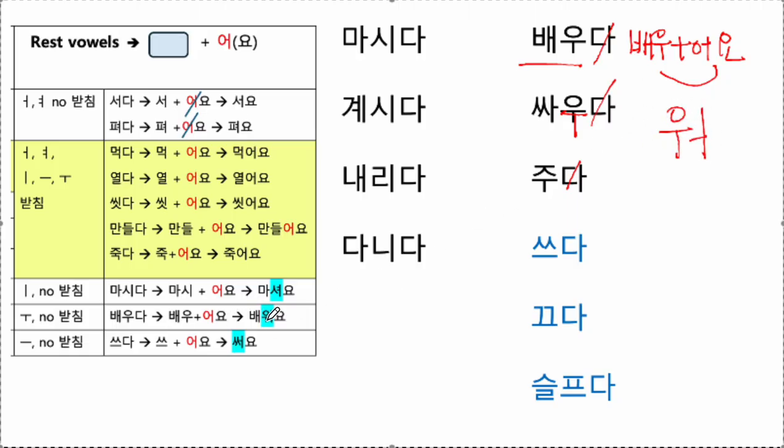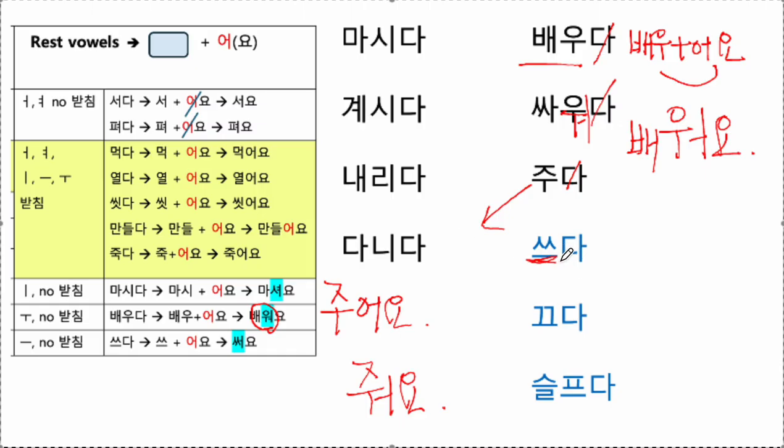So that's the rule. 배워요. Learn. How about here then? 싸워요. How about this one? 주 plus 어요. 주어요. 주다. 주어요 can be contracted to 줘요.